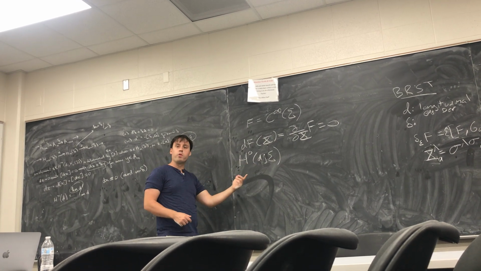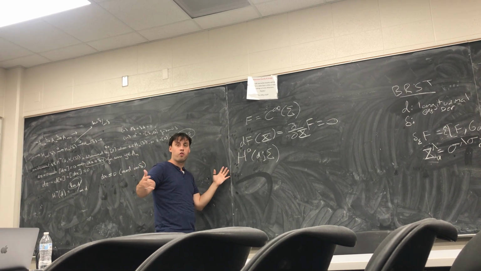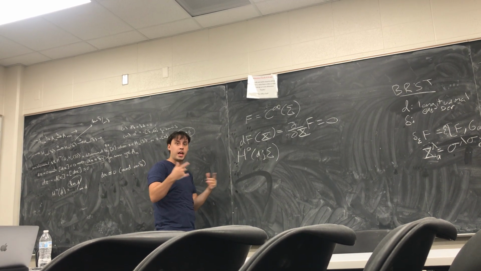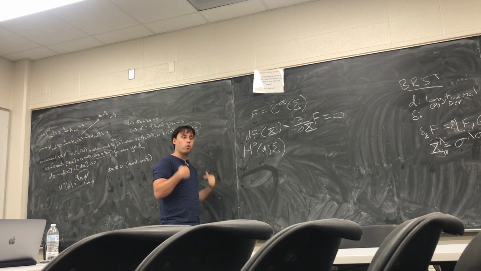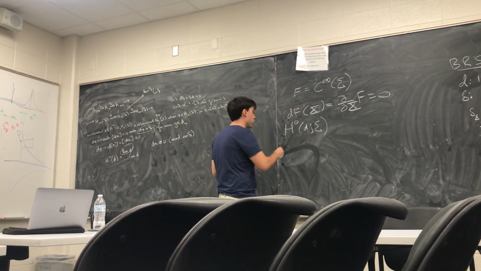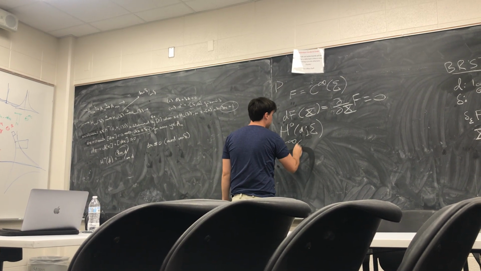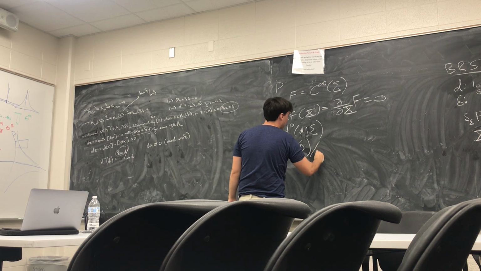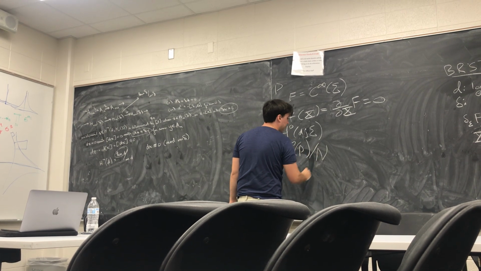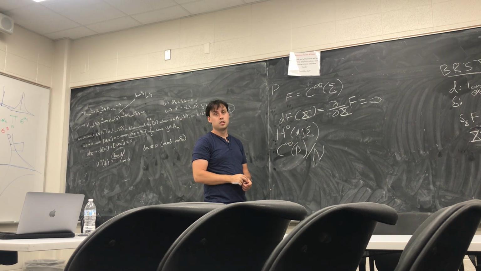But then we want to extend our space to cover functions on the whole phase space. But then we are only interested in all of the functions. So if P is our phase space, we're interested in C infinity of P mod out by, he calls it script n, so functions that vanish on your constraint surface, right?